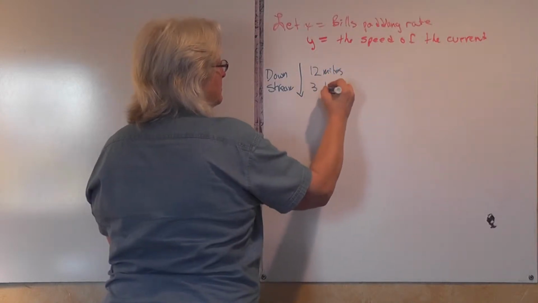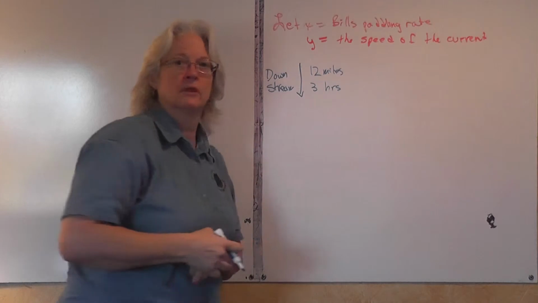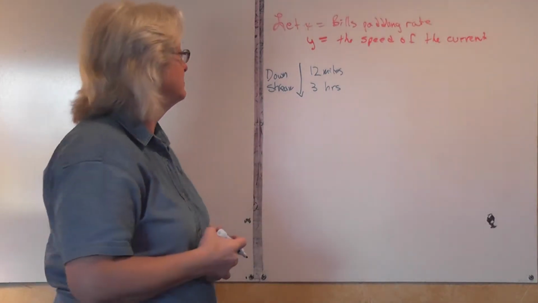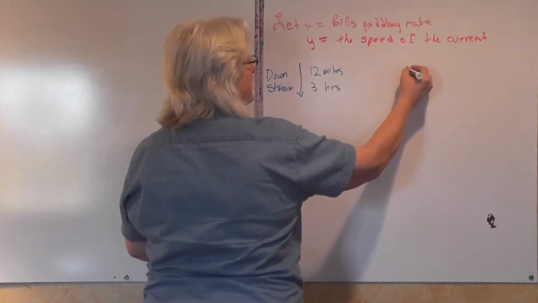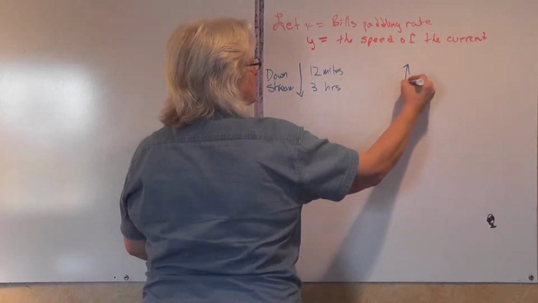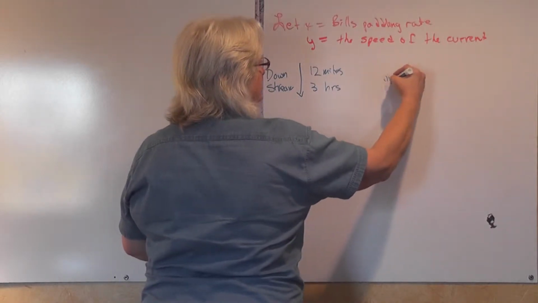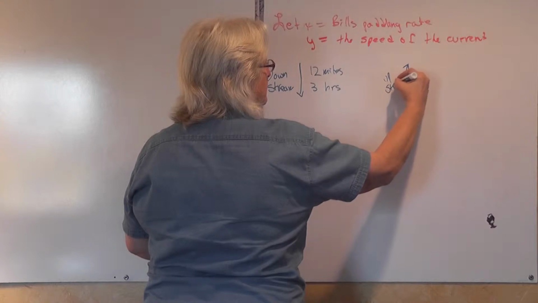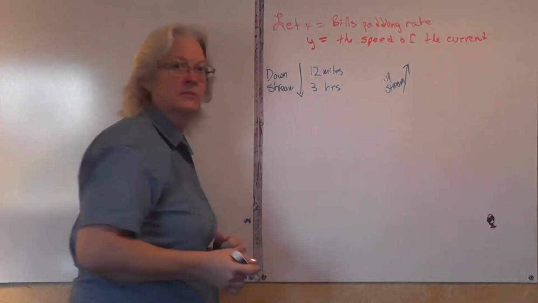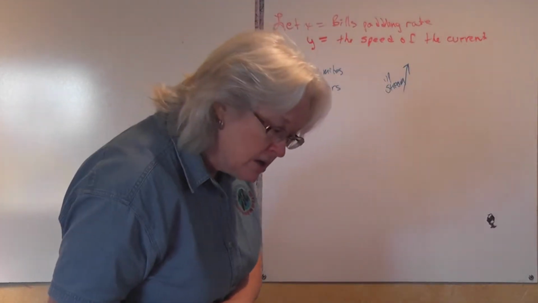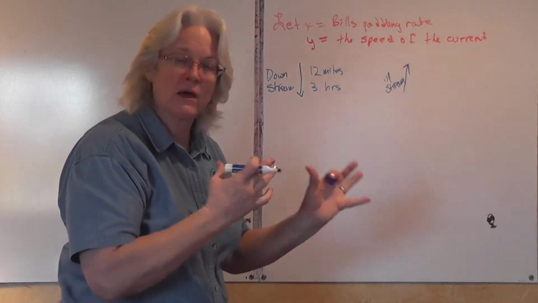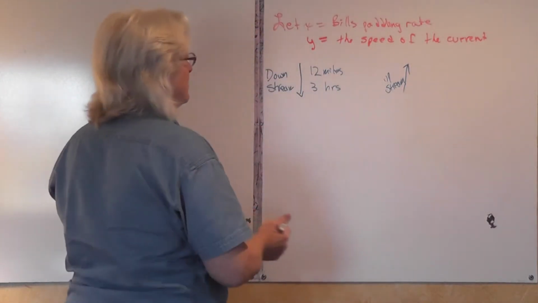And how long did he paddle? He paddled for 3 hours. Okay? See what happened when he traveled back upstream. How long did he work? It says he paddled upstream for 2 hours.